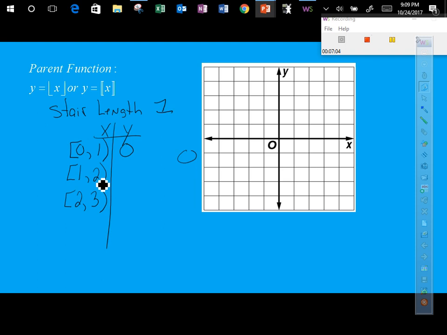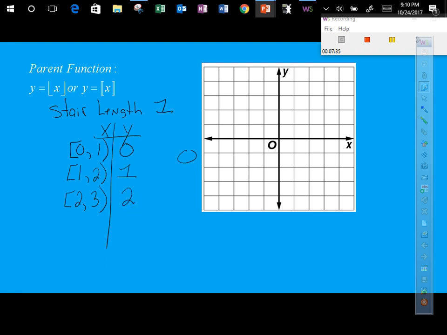Let's go find a number close to 2. 1.99. Well, 1.99 rounded down is still 1. 2, when I round down 2 is 2. Let's come up to a number close to 3. 2.99. 2.99 rounded down is still 2.